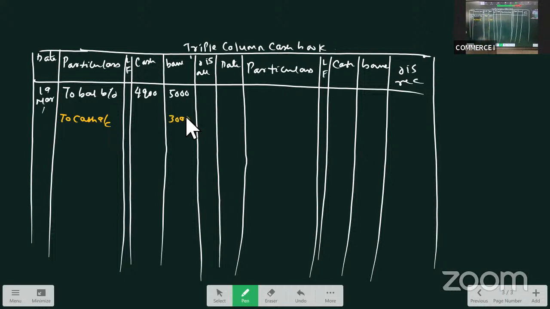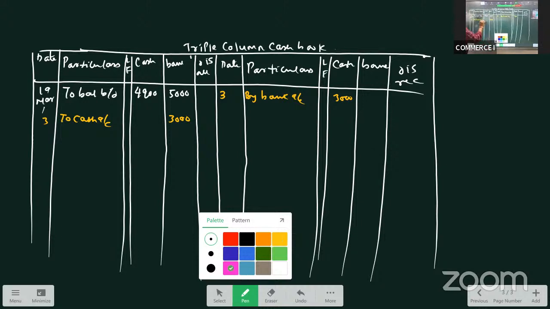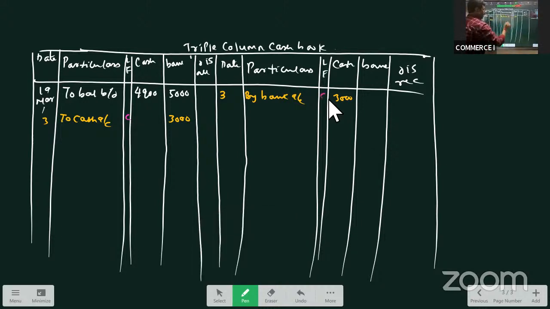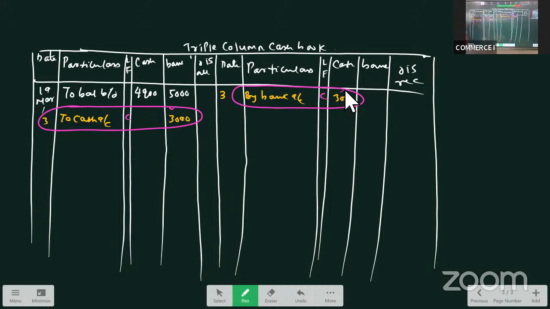And the same entry would appear on the credit side also as by bank, amount in the cash column. Contra entry: deposited into bank, to cash, by bank. Amount in the bank column, amount in the cash column.